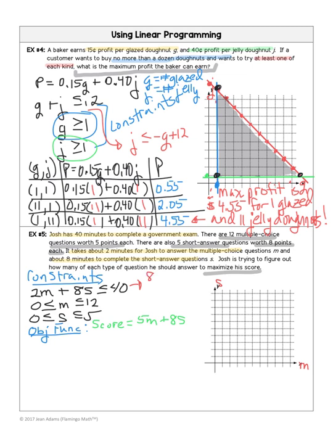So 8S is less than or equal to, now I'm going to subtract 2M, so negative 2M plus 40, and then divide everything by 8.